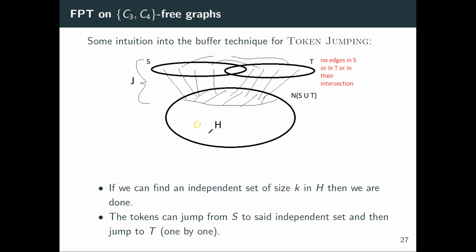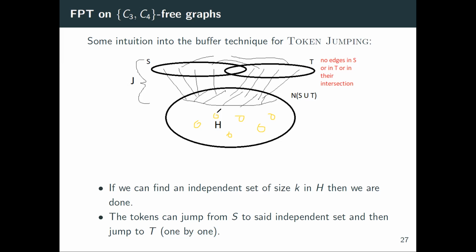You can take all the tokens on S, jump them into those independent yellow vertices in H, and then jump them back to T. So when H has a large independent set, that's the easy case.